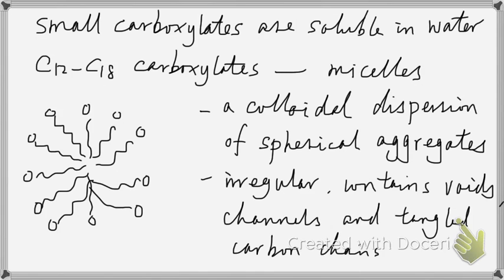Induced dipole forces bind them together. They are weak binding forces, but ultimately significant. And the micelles are irregular. They contain voids, channels, and tangled carbon chains, and they can also incorporate some small molecules inside.